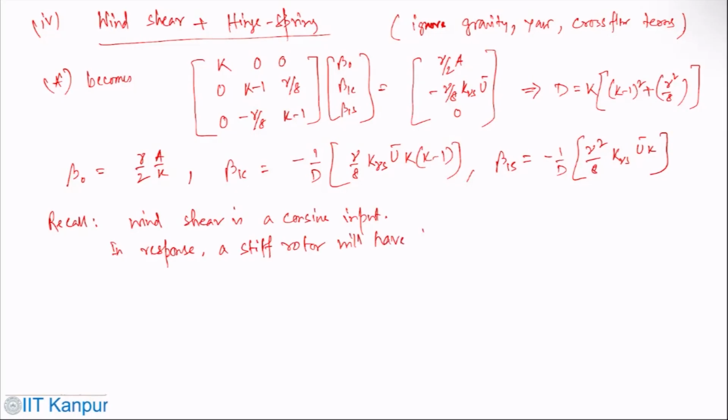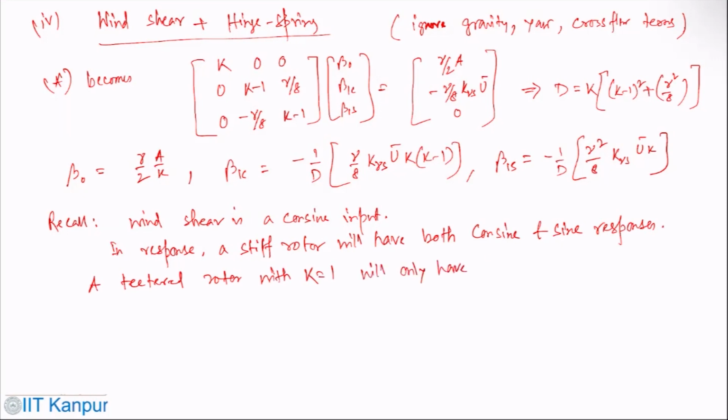A tethered rotor with K equals 1 will only have sine response.